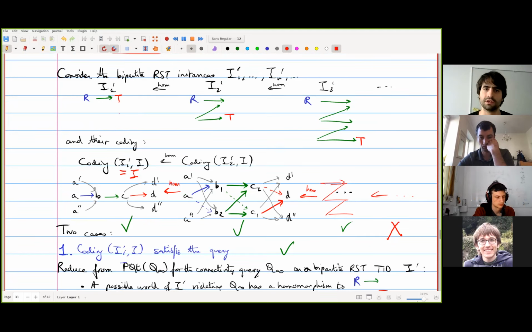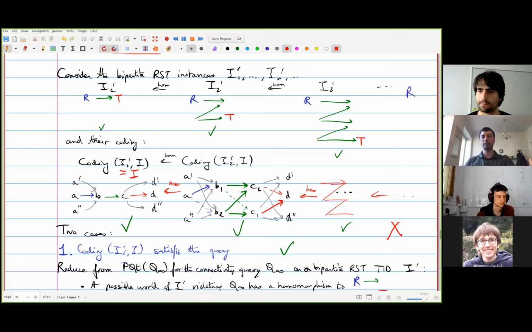So in one case, we know that the codings of all of these satisfy the query, but for that one, we know that this did not satisfy the query. So in that case, the query is actually equivalent to reachability. It's basically asking whether there is a path between R and T of an arbitrary length.